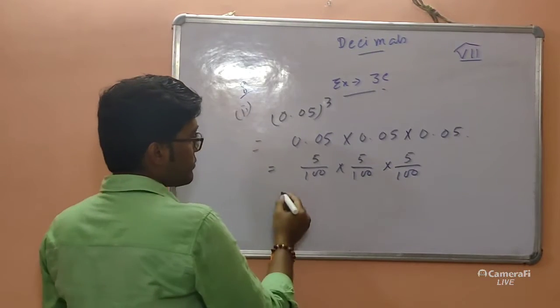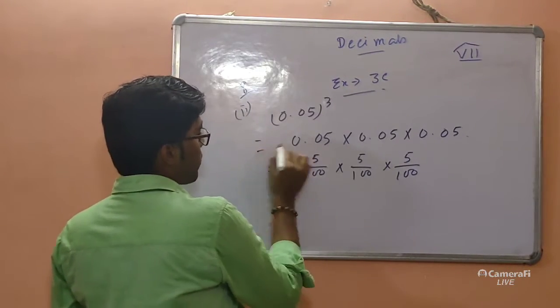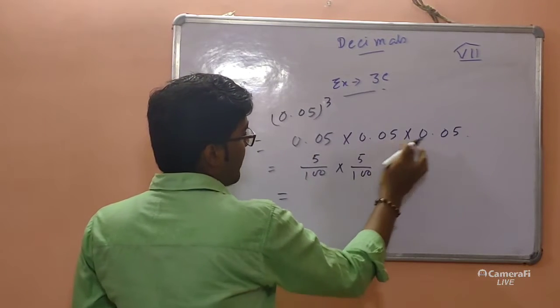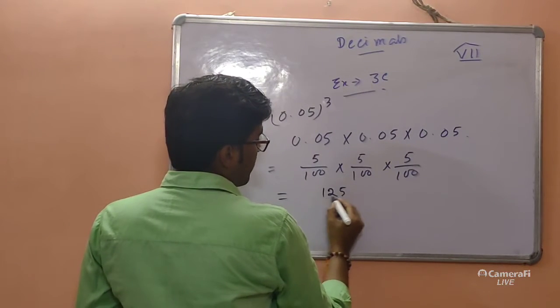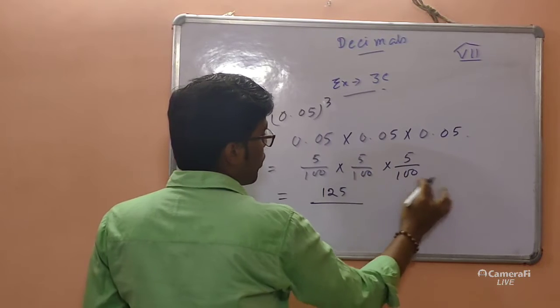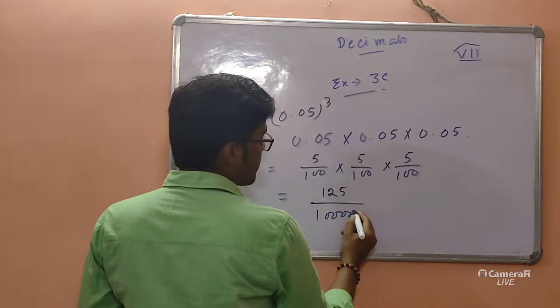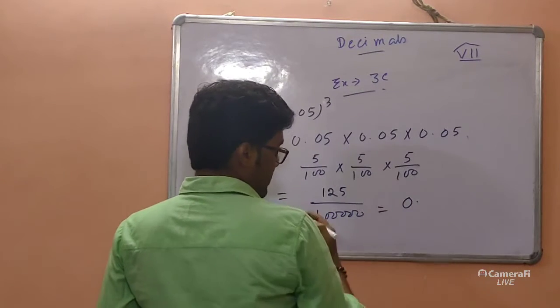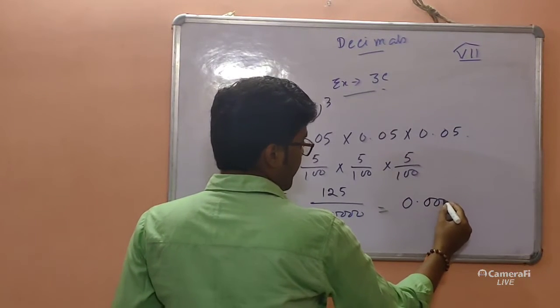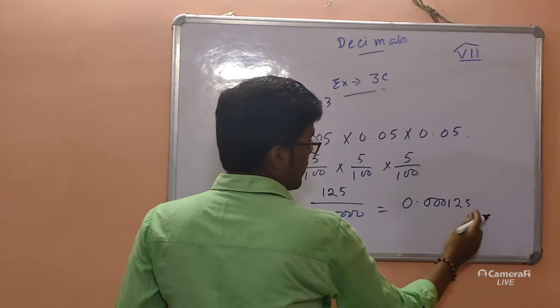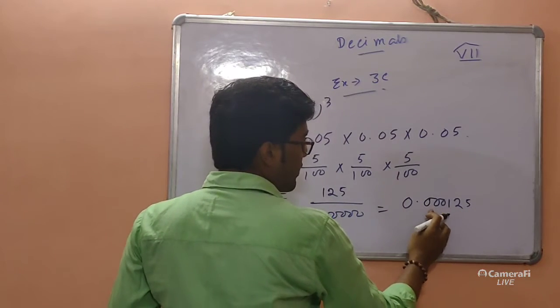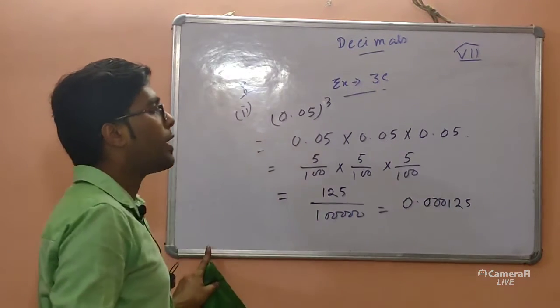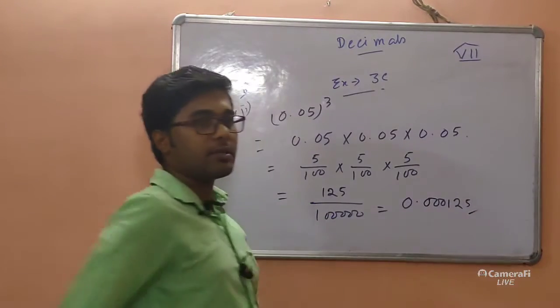Clear? So 5 into 5 into 5, and how many zeros? 2, 2, 4, or 2, 6. So after 1, 6 zeros. Therefore, from the right, after 6 places we give the point. 1, 2, 3, then 4, then 5, then 6. After 6 places we give the point. Therefore, this is your answer.